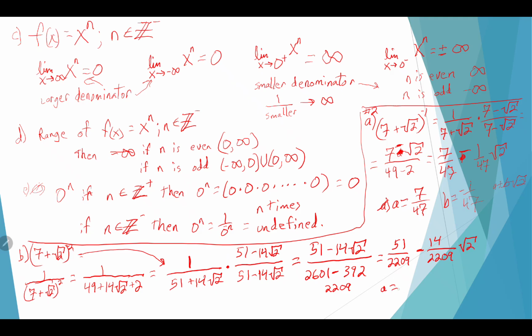So A is equal to 51 over 2,209, and B is equal to negative 14 over 2,209. Awesome.